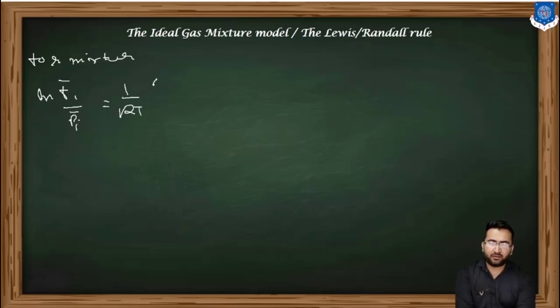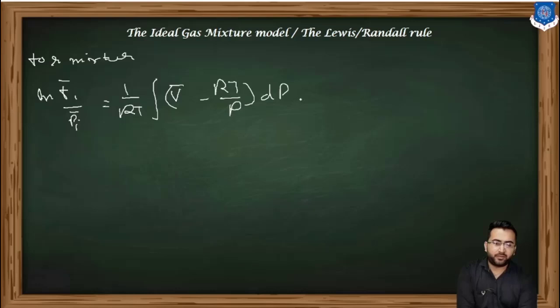In solution I have to write the partial molar property. R is a constant, that's why we cannot write R bar or T bar. Then the integral of volume V bar minus RT upon P dp. So this becomes our equation number 2.